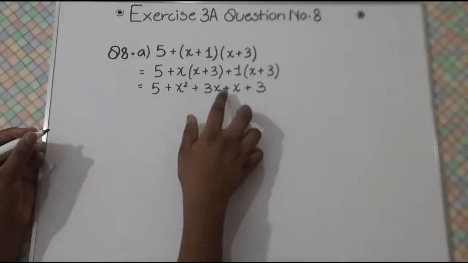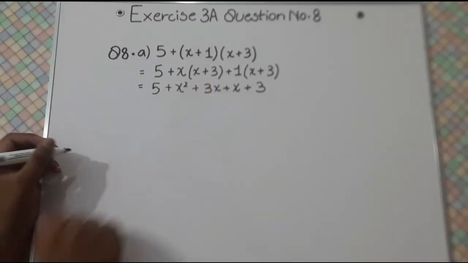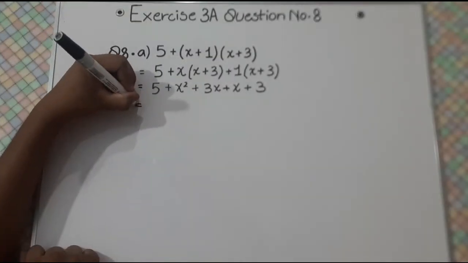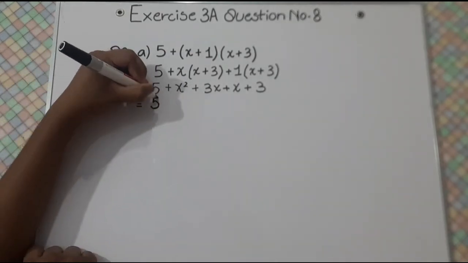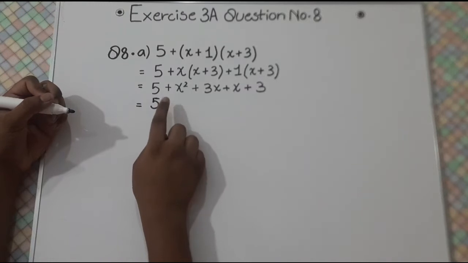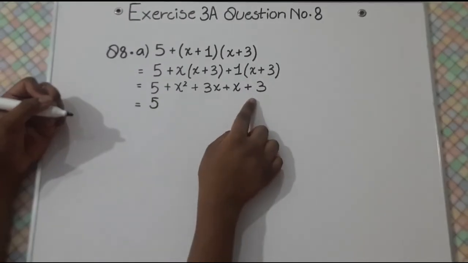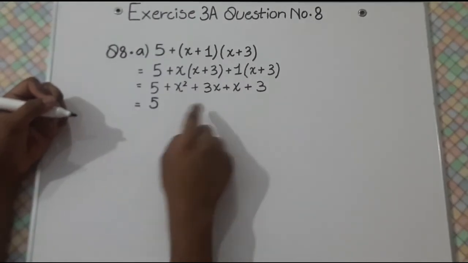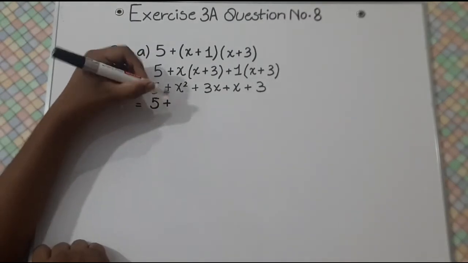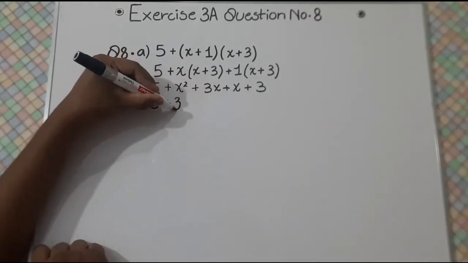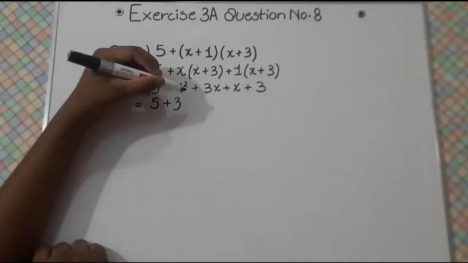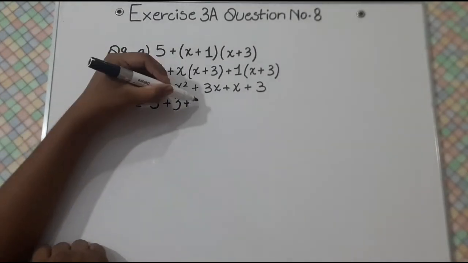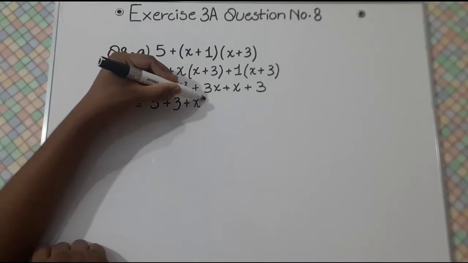Now we have opened all the brackets in the expression. Now we are going to group them. We have first 5 and we have the same kind of number, 3. So the sign would be plus, plus is plus. So 3 would be shifted over here, 5 plus 3. Now we have x square which is independent, so we write it separately, x square.